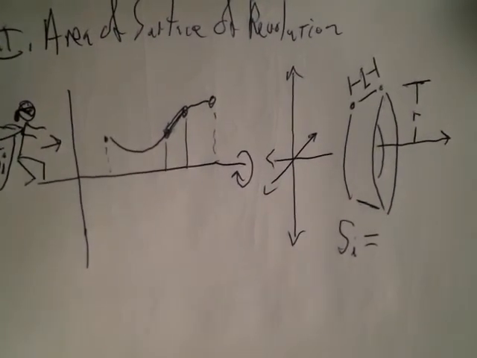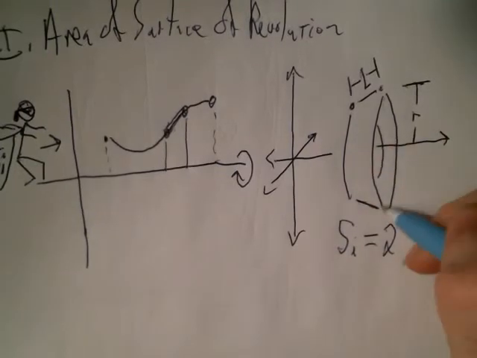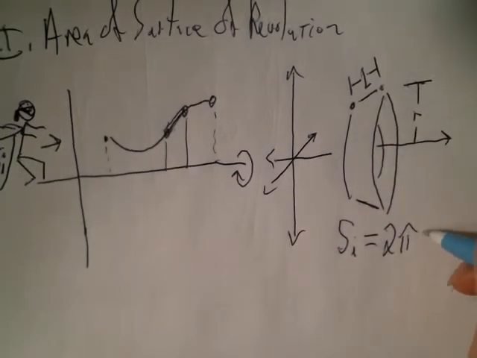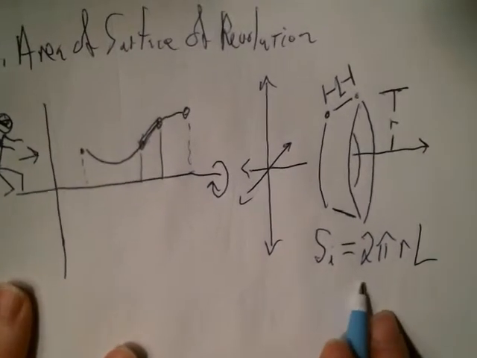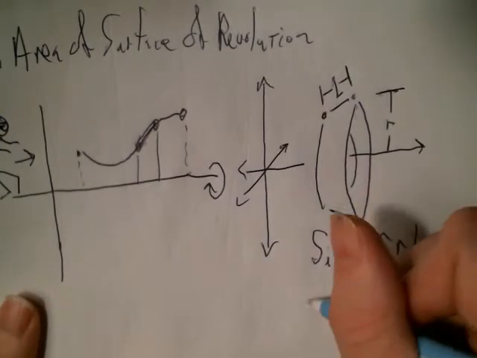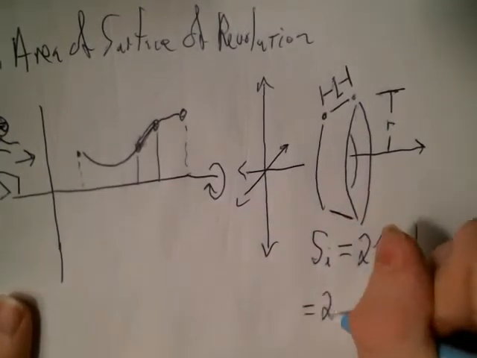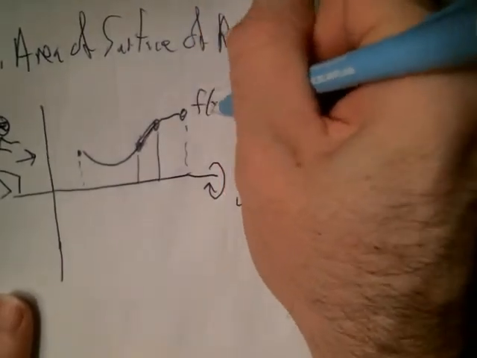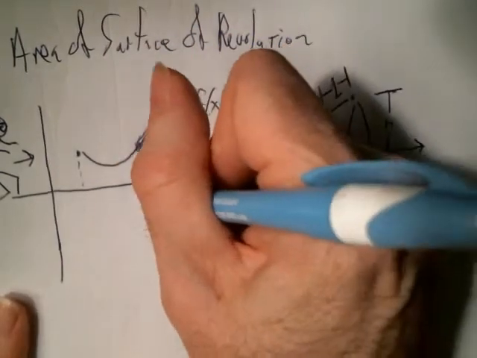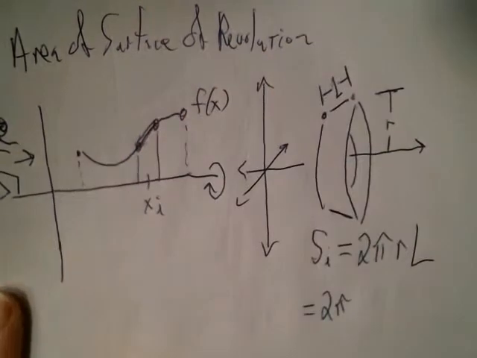It's going to be 2 pi. The formula for the surface area of this thing is probably not as well known as maybe the volume of a cylinder or something like that. But there it is. It's 2 pi RL, and then the R is just going to be f of x sub i, or whatever particular location we are at.